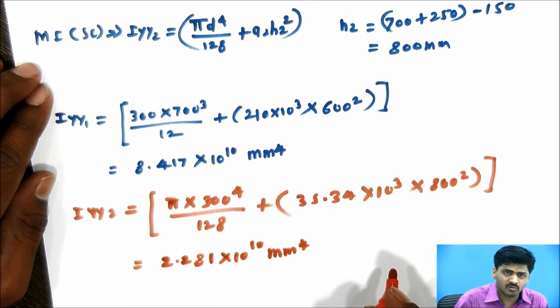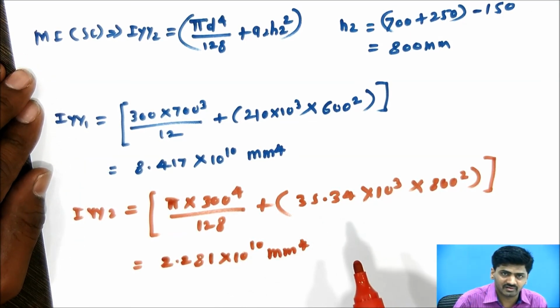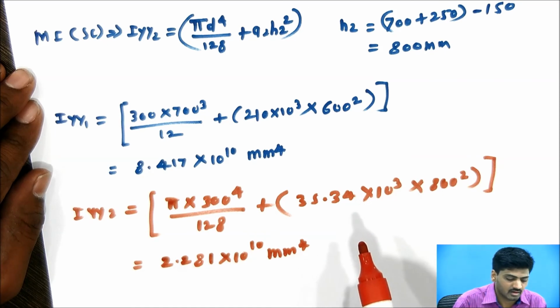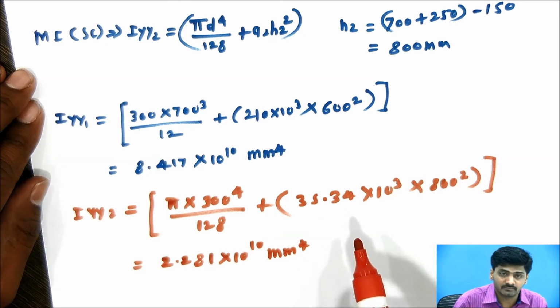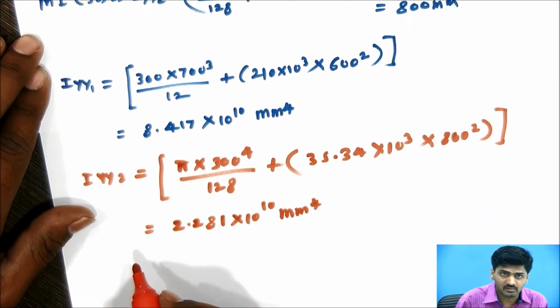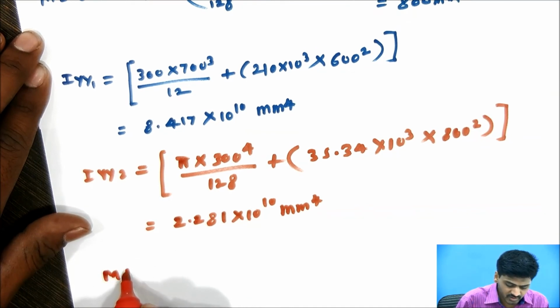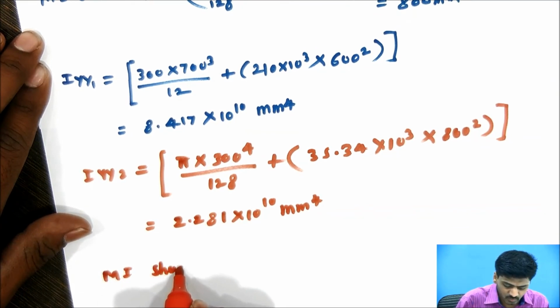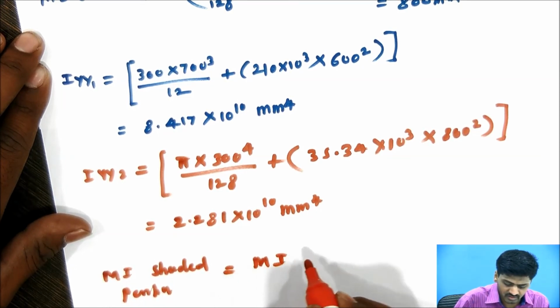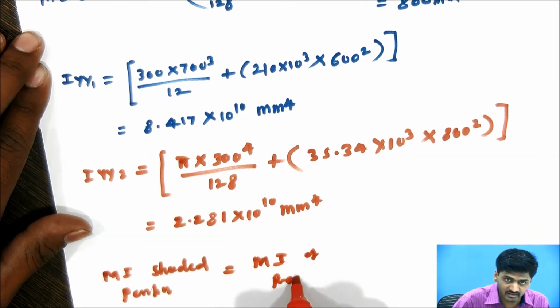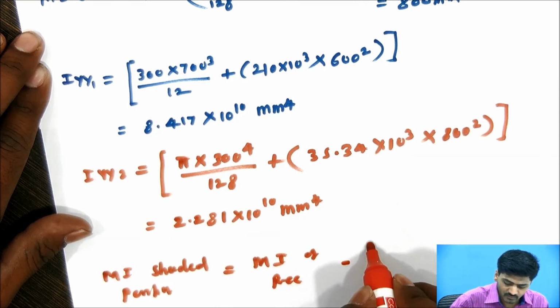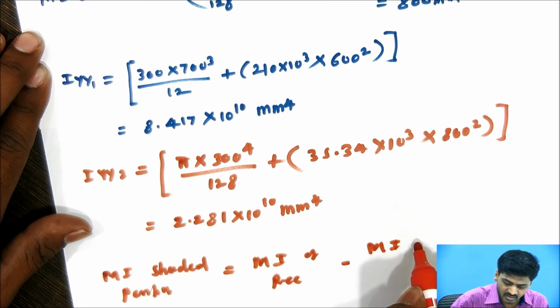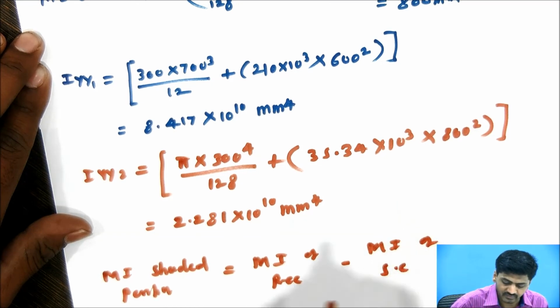But I don't want the moment of inertia of semicircle and the rectangle. I want the moment of inertia for the shaded portion. So how to calculate it? Moment of inertia of the shaded portion is equal to moment of inertia of rectangle minus moment of inertia of semicircle.